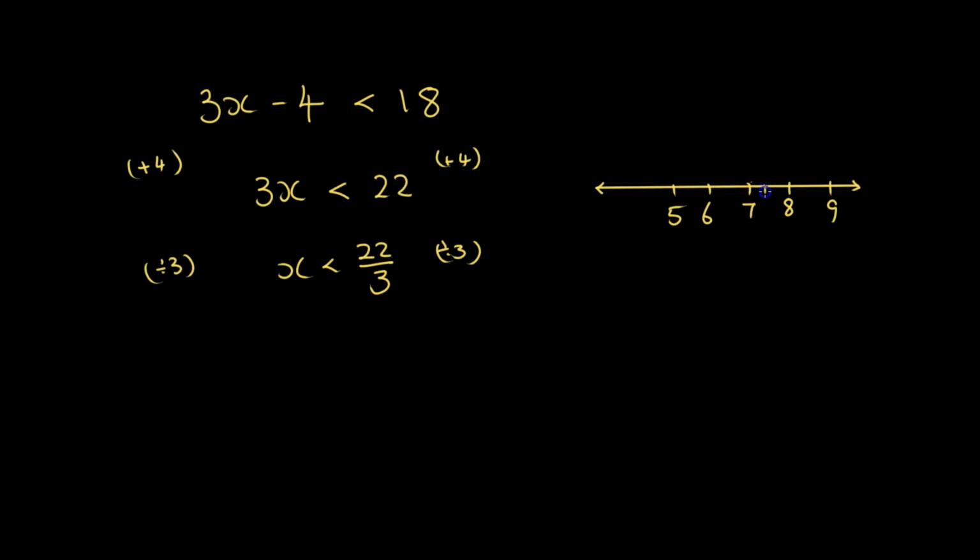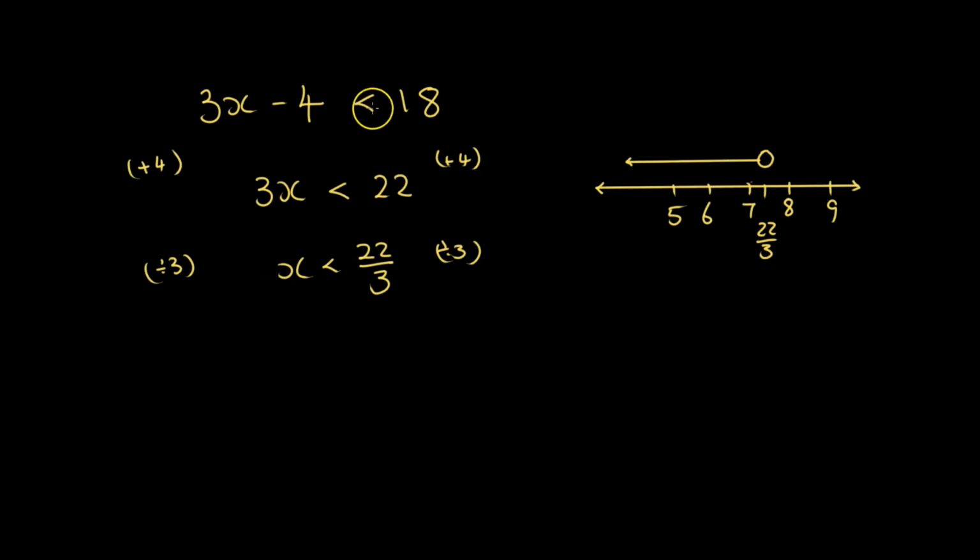So 22 over 3 is somewhere there. And the way we represent this, because this is purely less than, x can't actually be equal to 22 over 3, we use a hollow circle above our number, and it is going to the left because x is less than this number here, this 22 over 3.